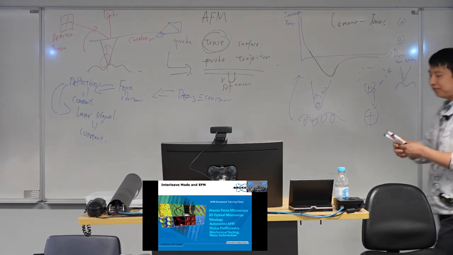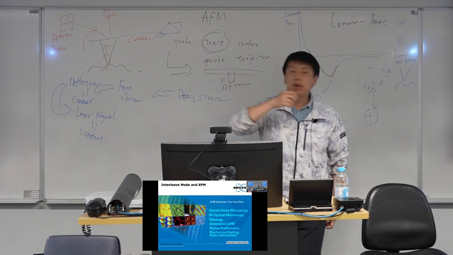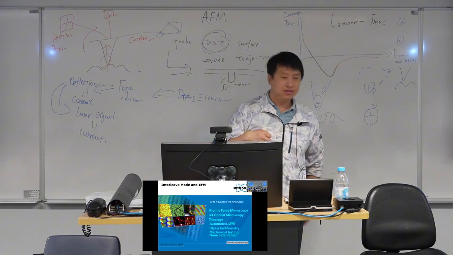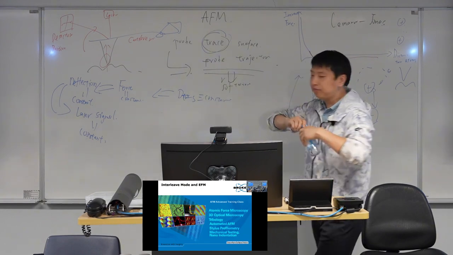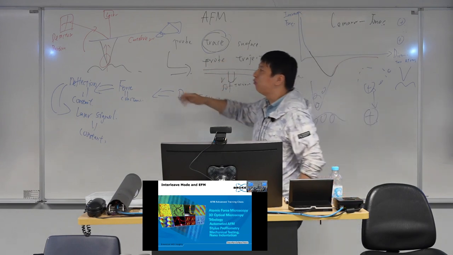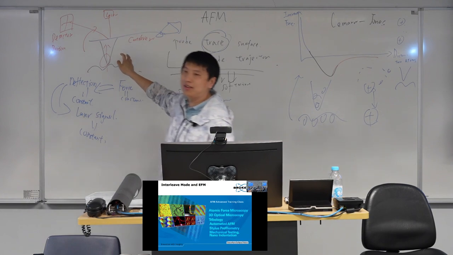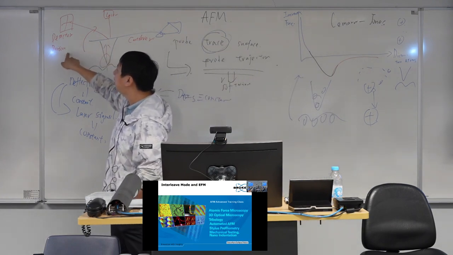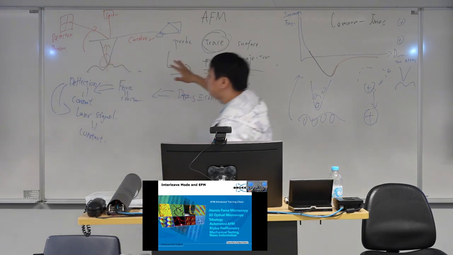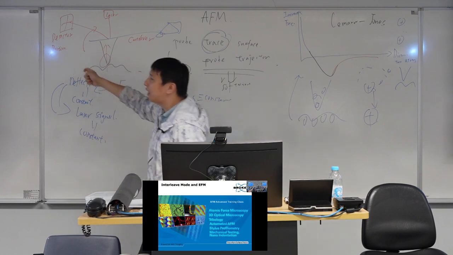So every time you go to the AFM, you mount a probe and you align the laser on the cantilever, and then you adjust the detector and then you get the laser detector signals.